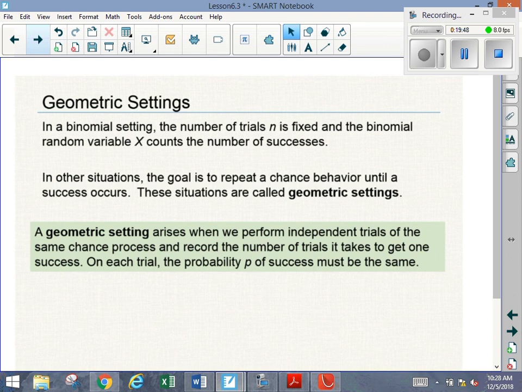So he takes 10 shots. What's the probability that he makes his first shot on the 8th try? You can imagine that probability is going to be really, really low. That's the same as the probability that he misses 7 shots.